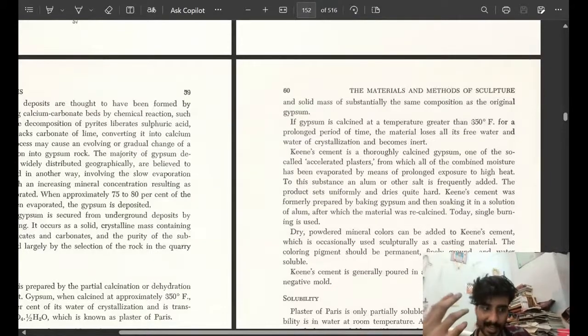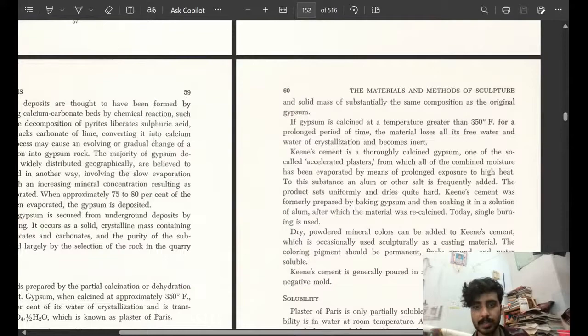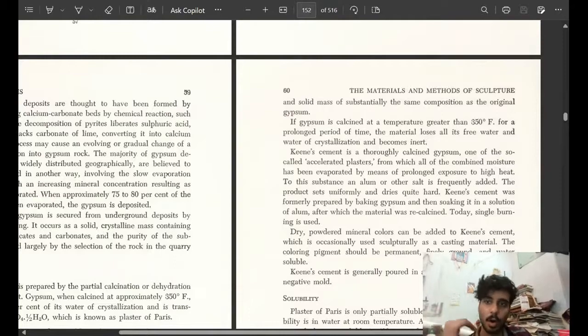When it's calcined, it gets crystallized, so we get what is called plaster of Paris. When we mix it with water to a creamy consistency, it becomes the same composition as the original gypsum when it dries, when the heating process occurs again.